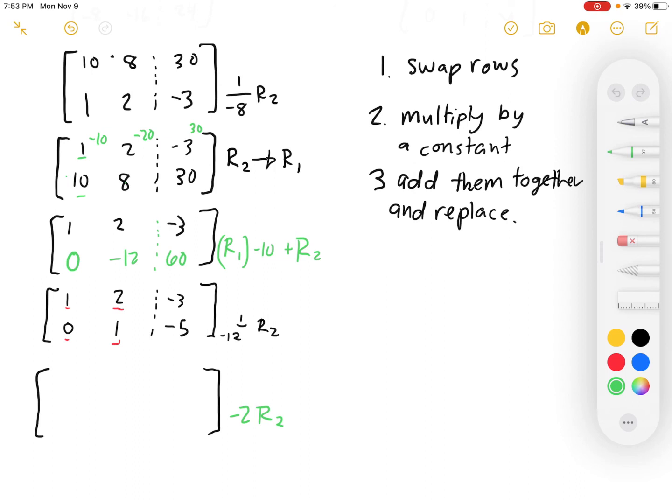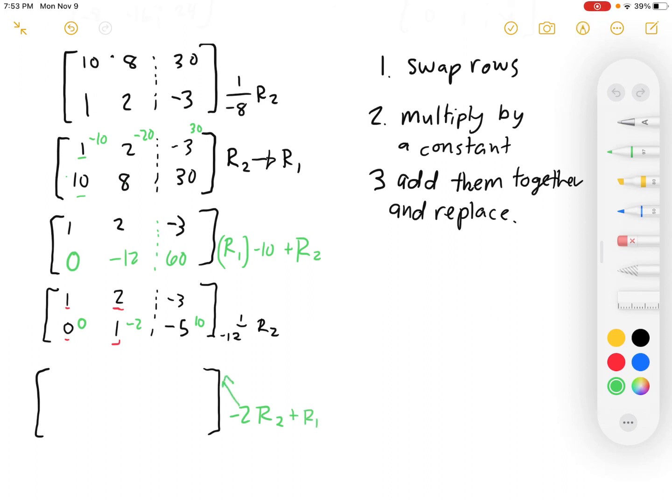So let's do that. Negative 2 times 0 is 0. Negative 2 times 1 is going to be negative 2. And negative 2 times negative 5 is going to be positive 10. All right, well, let's add them together and replace for R1.